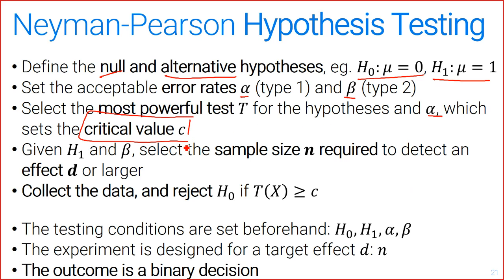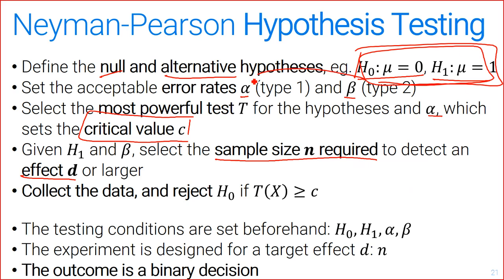And then the point is, given this hypothesis, given these errors, we are going to select the sample size that is going to be required for us to detect an effect of D or larger. So the point is, if this is what you want to test, and these are the errors that you're willing to make, now I'm going to tell you what is the required sample size N to be able to detect this effect subject to those errors.